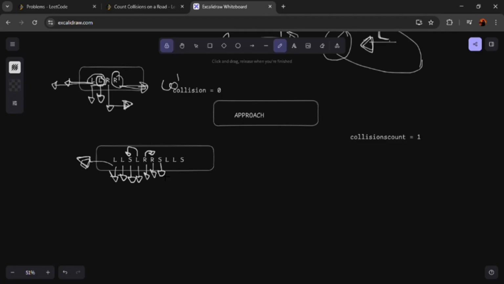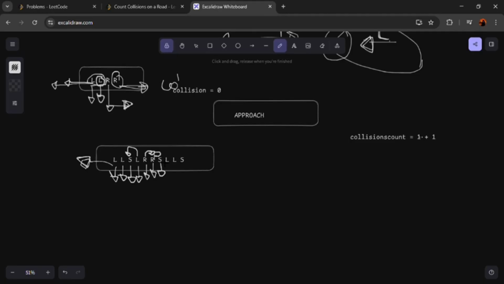Now this car is a stationary car, so this right car will collide with this stationary car. So how much will be counted here? 1 plus 1. We count it as plus 1 also.